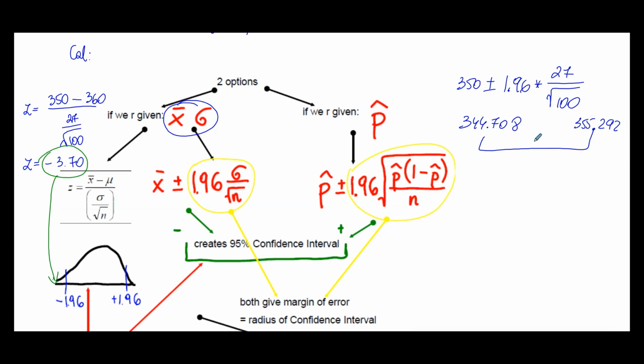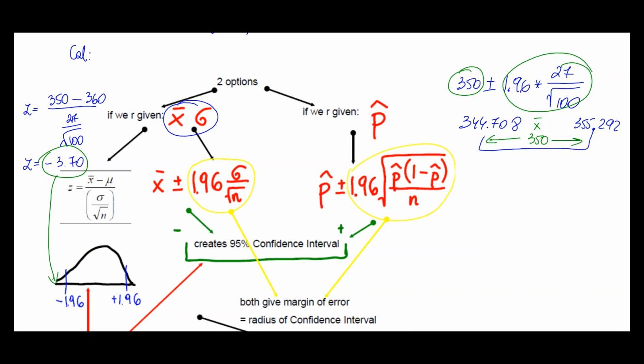What are we testing against that interval? It is the population mean. How come the population and not the sample mean? Because that sample mean stands in the very middle of our calculation, because on one side we took away the margin of error, and on the other side we added that margin of error.